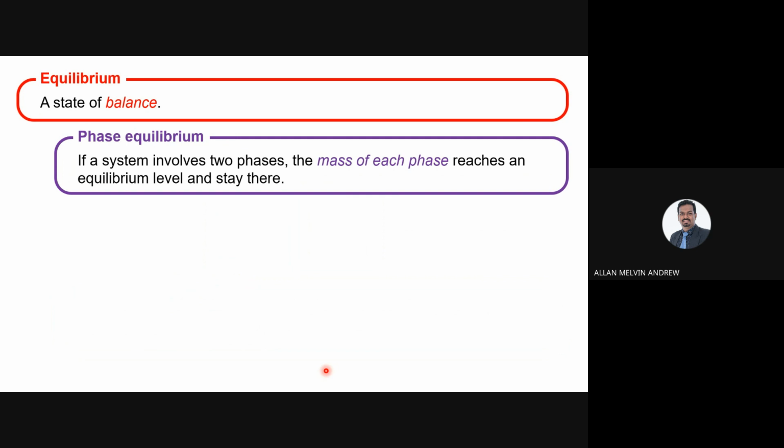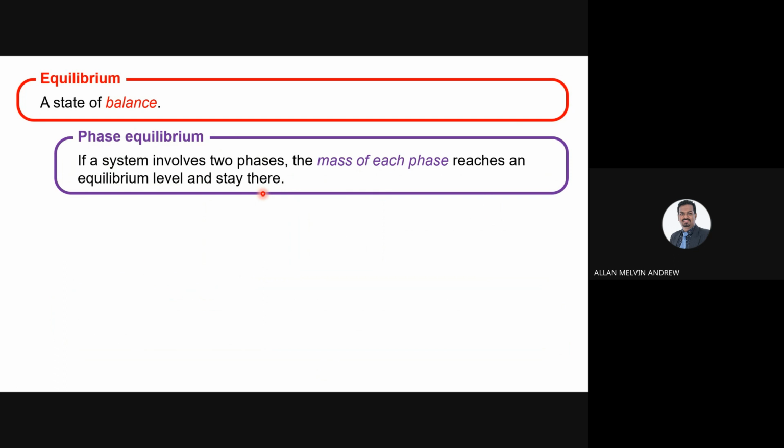Then we have phase equilibrium, another equilibrium. If a system involves two phases, the mass of each phase reaches an equilibrium level and stays there. This is especially for open systems. We studied yesterday that in a closed system the mass is not changing, but in an open system mass is coming in and out.